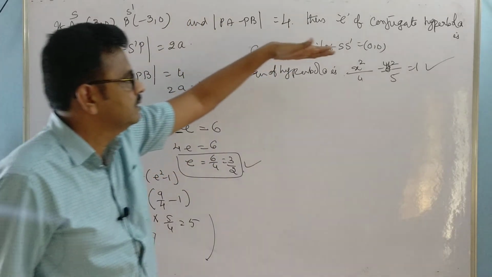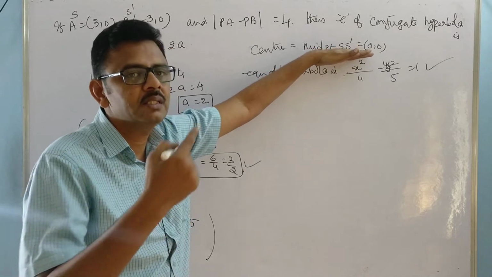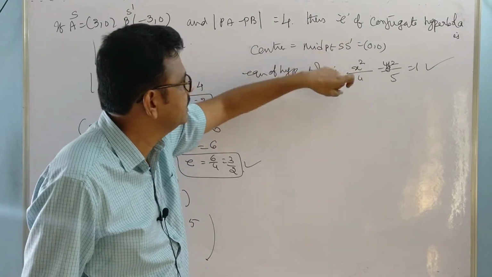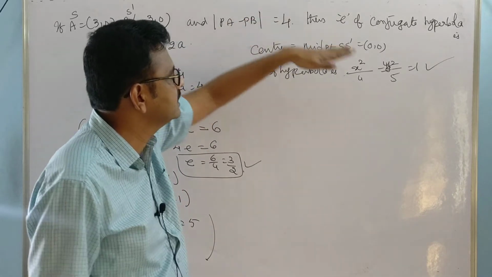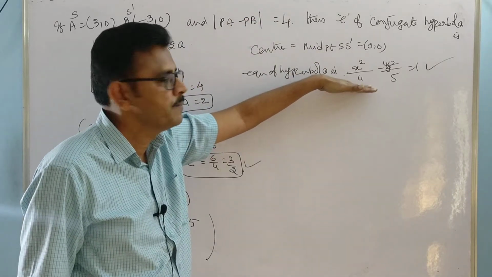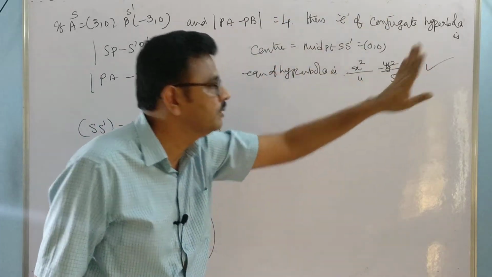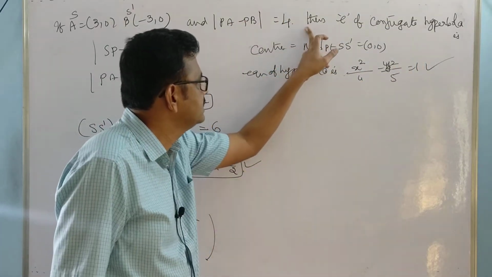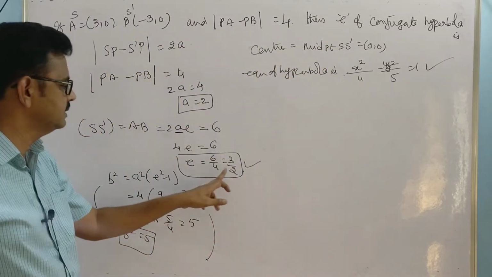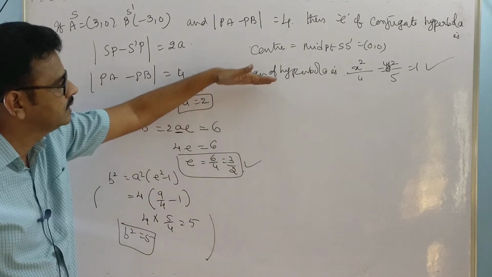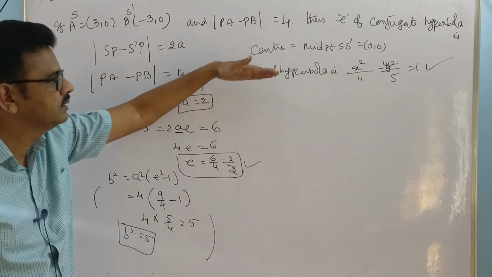If the question asks to find the equation of hyperbola, then we have to find up to this one. But for this question it is not necessary to find the equation of hyperbola. Only the eccentricity of hyperbola, e equal to 3 by 2, is enough. But anyway, it is better to find the equation of the hyperbola also.